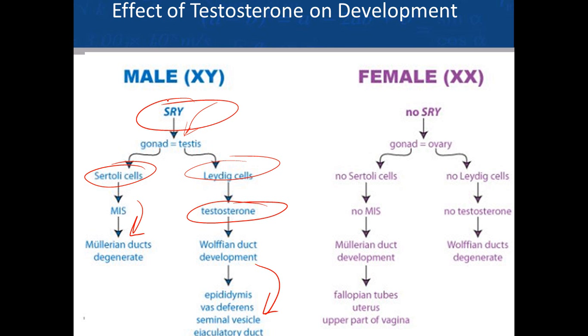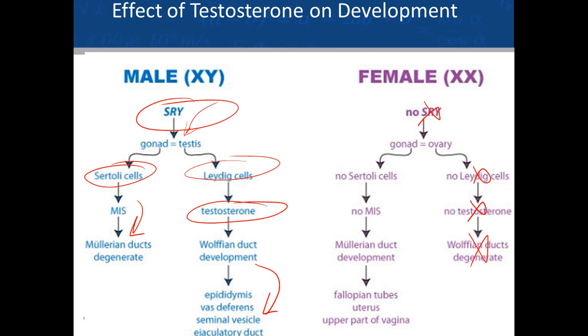Now, let's suppose we're talking about a female. Well, first off, there's no SRY gene, so there will be no SRY protein. So the gonad will go ahead and develop into an ovary. And if it develops into an ovary, there are no Leydig cells, so therefore no testosterone. And what will happen is the Wolffian duct will simply degenerate.